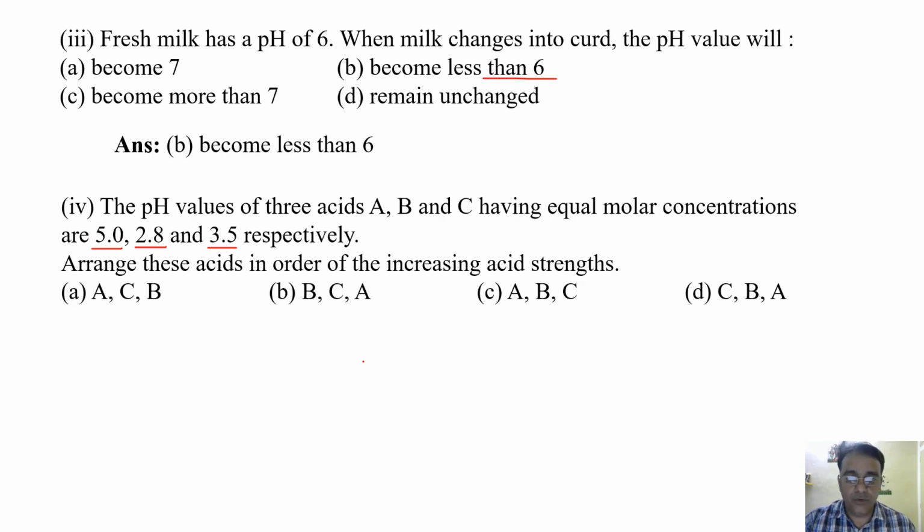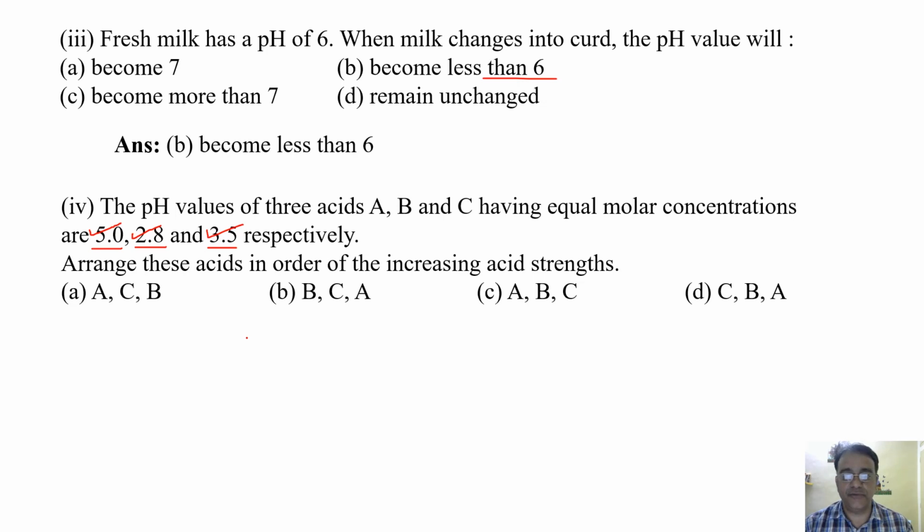See, हम लोग को इंक्रीजिंग ऑर्डर मतलब कम स्ट्रेंथ से ज्यादा पे आना है, तो जिसका pH ज्यादा है वो हम लोग पहले लिखेंगे. Whether the order is clear? एसिड का इंक्रीजिंग स्ट्रेंथ लिखना है तो pH का बड़ा वैल्यू पहले लिखेंगे, उसके बाद छोटा, फिर उससे छोटा.